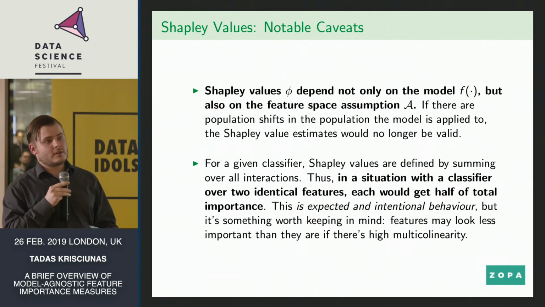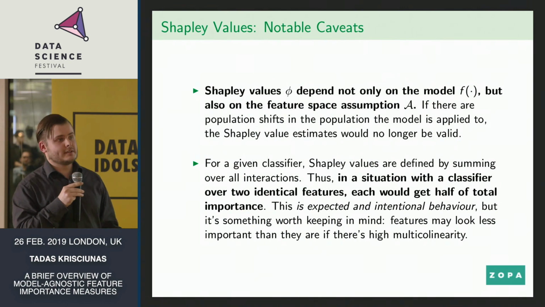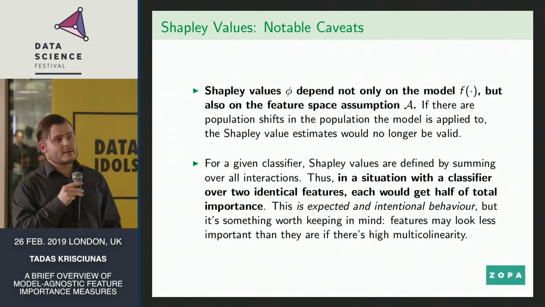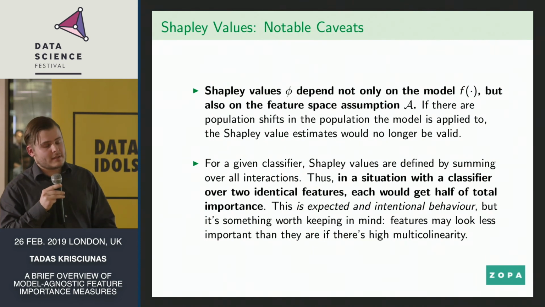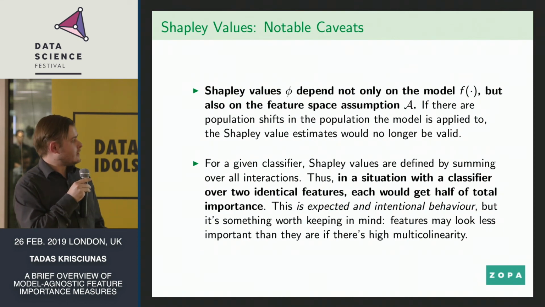And if there are significant shifts in our population to which we apply our models, Shapley value-based explanations would still not quite be valid. However, we can always monitor whether there are any population shifts using standard statistical tests or just plotting our population time after time.